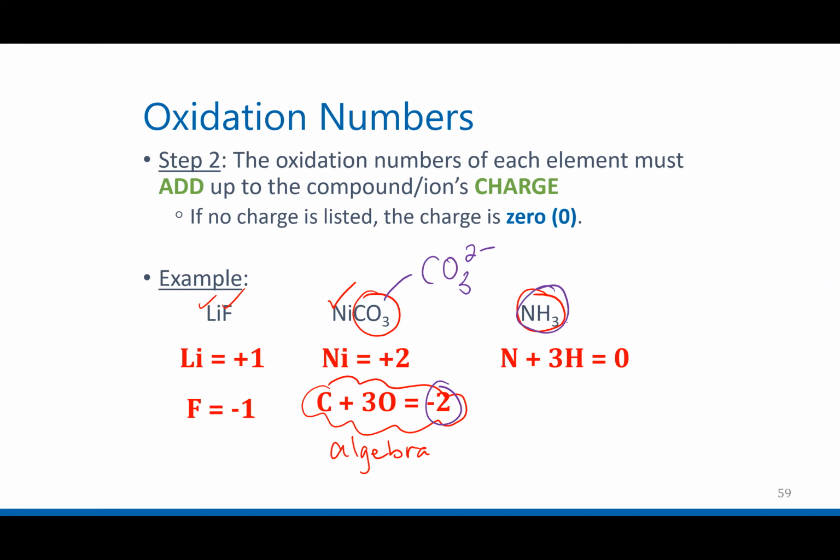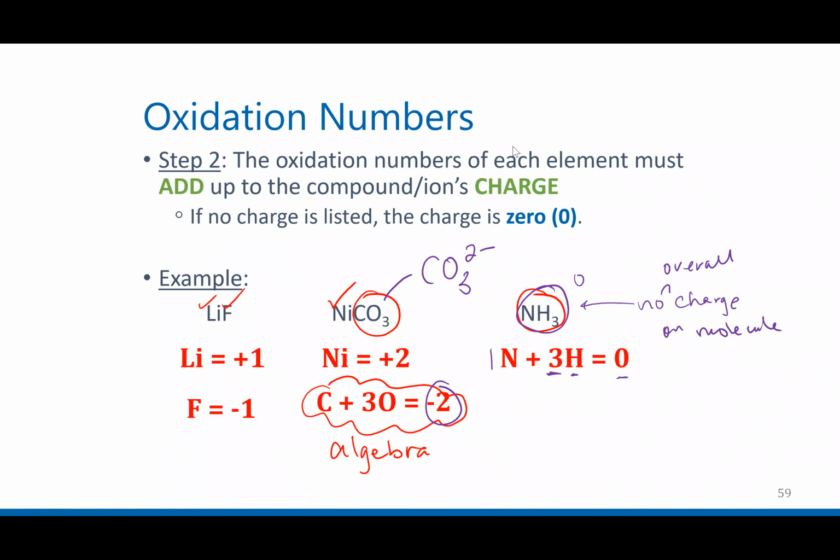Ammonia, I can do the same thing. 1 nitrogen plus 3 hydrogens must equal 0. There is no overall charge on the molecule.